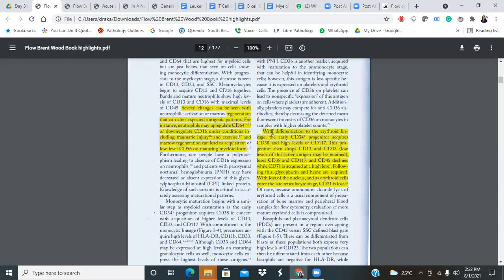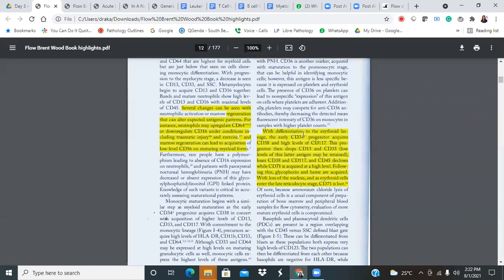Yeah, this is an important point. With differentiation to erythroid lineage, the early CD34 progenitor acquires CD38 and high levels of CD117. So we know that CD117 is a precursor or early blast as well as immature myeloid marker.